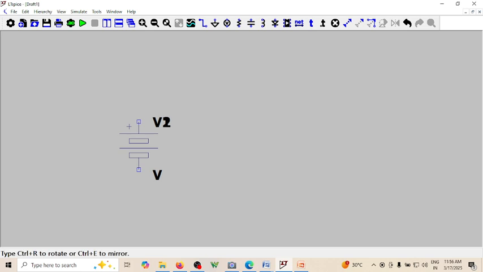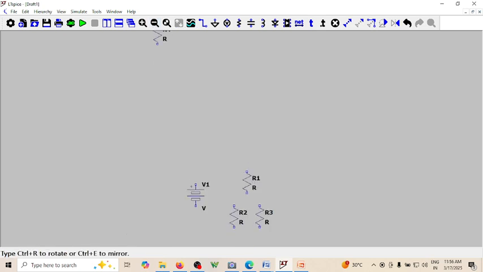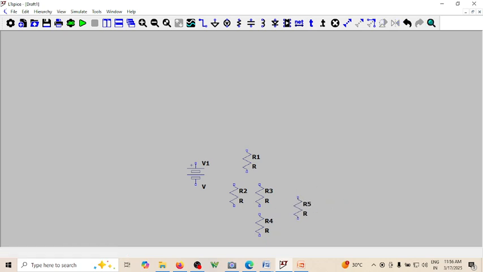Let me place it here, and I want to have a resistor. Okay, resistor is of 100 ohm. I need to have R2. This is R3. Another resistor R4, and then I need another resistor R5. That's fine.